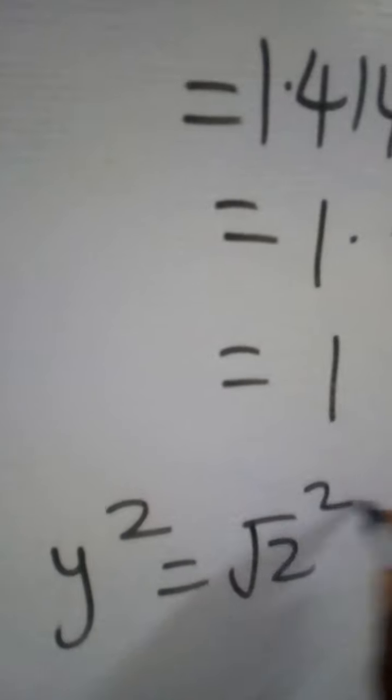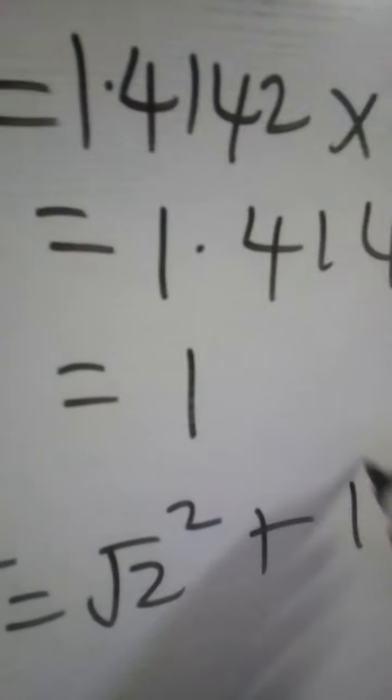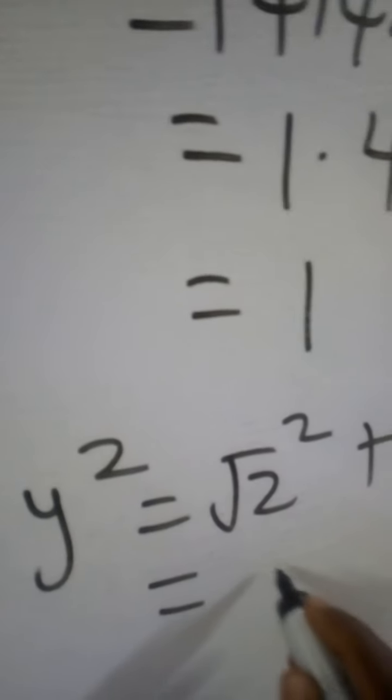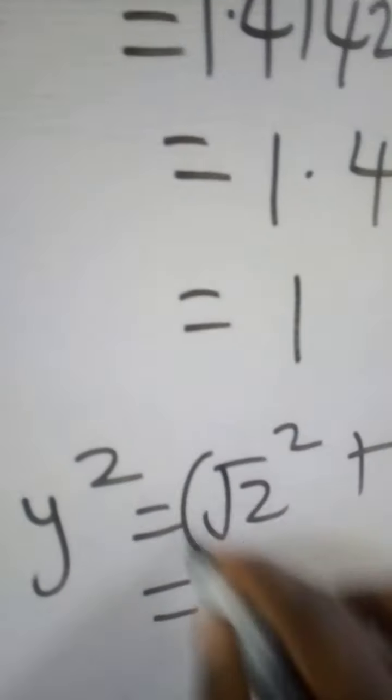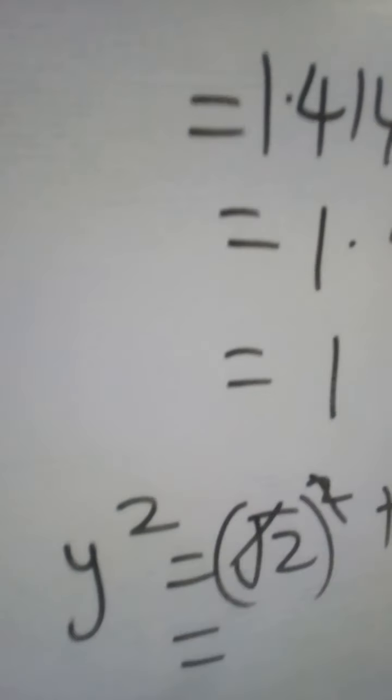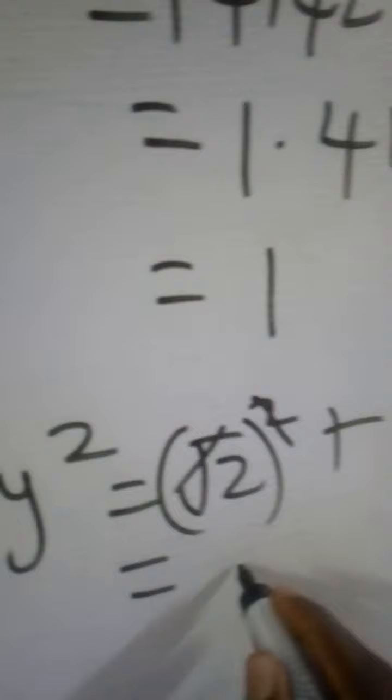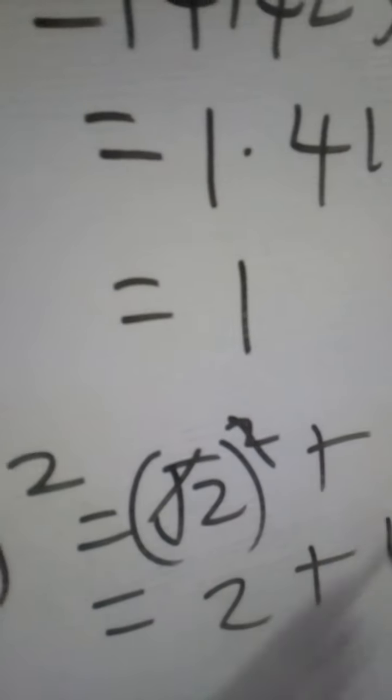Then let's find our y using Pythagoras theorem. So y squared equals root 2 all squared plus 1 squared. When you're squaring root 2, the square root cancels out, and you have 2 plus 1 times 1, which is 1.